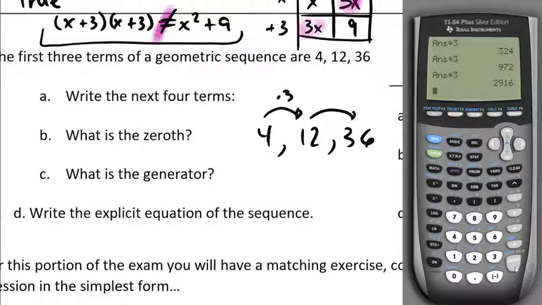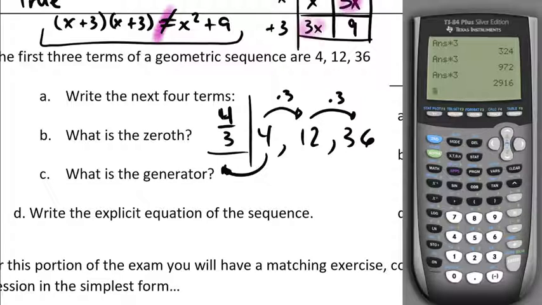If I want to go backwards and get the term before the start, this 0th term, I could either divide by 3 or multiply by 1/3. It's the exact same operation. So if I divide by 3 or multiply by 1/3, I just get 4/3. So 4/3 is my 0th term.